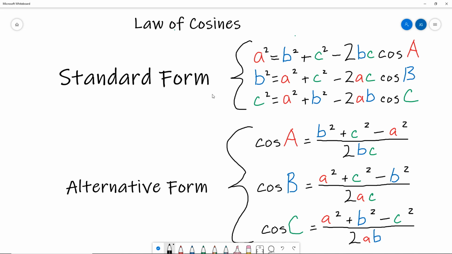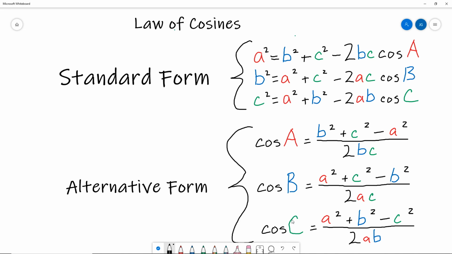Where normally in triangle trig, we would define the cosine through a right triangle as adjacent over hypotenuse, here, for any triangle, we can define it by the three sides of the triangle. The nice thing about the alternate form is that once we calculate this b squared plus c squared minus a squared over 2bc term, then we can take the inverse cosine of it to figure out what our angle is. And that works just the same whether we're talking about cosine of B or cosine of C.